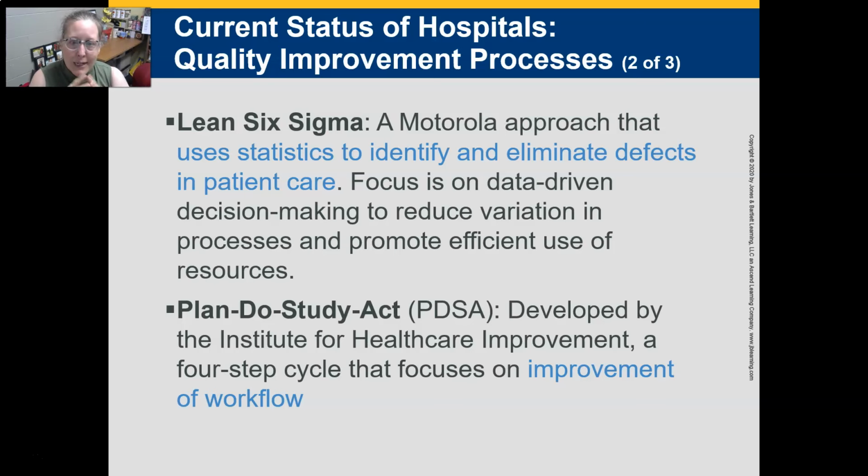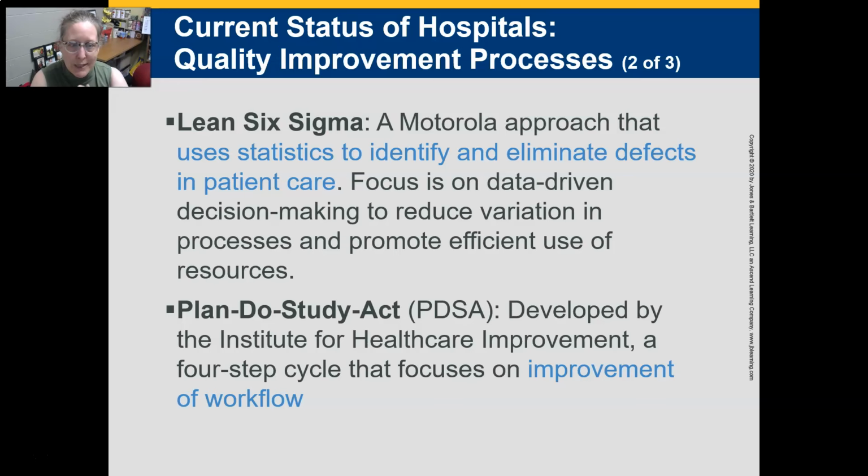This is data-driven decision-making, trying to reduce variations in processes and promote efficient use of resources. And so you have to use a lot of big data and statistics to run Lean Six Sigma, and people in the hospital can be trained to do that, to look at quality processes within the hospital.